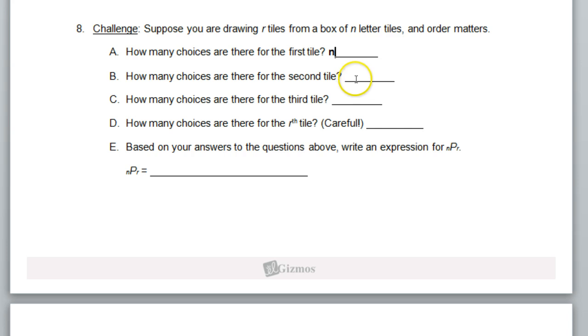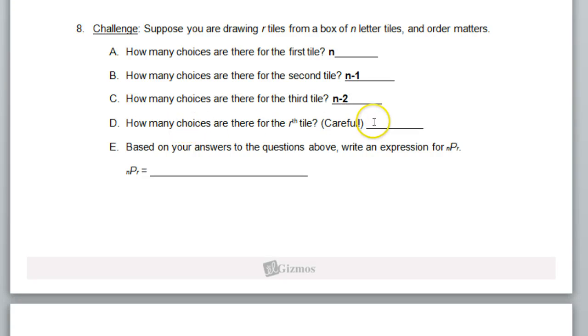Our second draw is one less than the total number of possibilities. So if we have n tiles in total in the box to start with, the second draw is going to give us n minus 1 choices. And then so on for the subsequent draws. So a third tile would be n minus 2 choices.